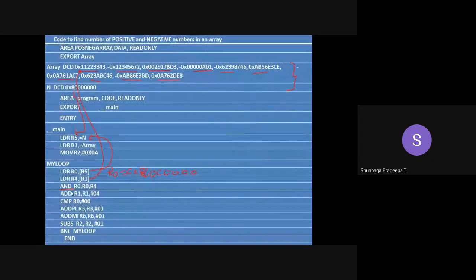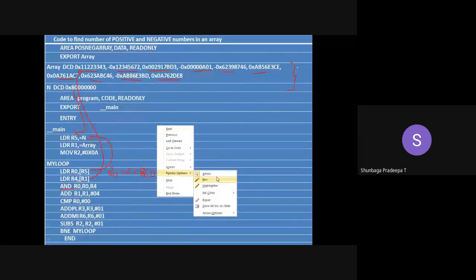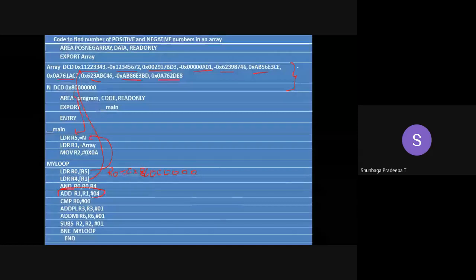Okay. So after this, we have to point to the next address. So for the next address, we are incrementing R1 by 4. To access the second data, we are incrementing by 4. This depends on the pipelining structure. Okay.